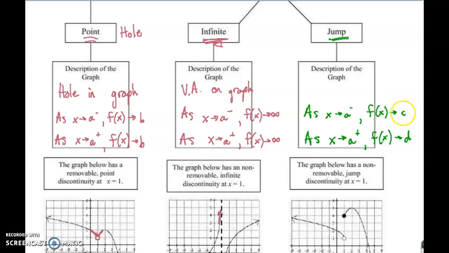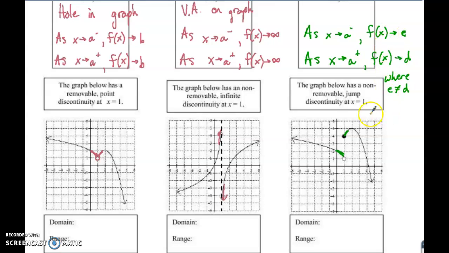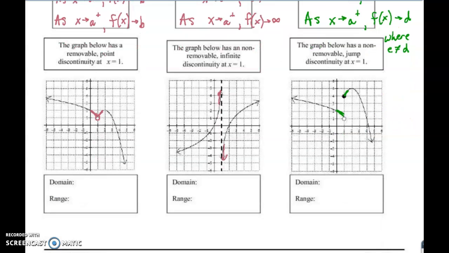Maybe I should call this e because I've used c already, where e does not equal d. Something like that, which is exactly what's happening here. But I'm not going to stress too much about this because this is not part of a rational function. You're not going to see a jump discontinuity on a rational function.